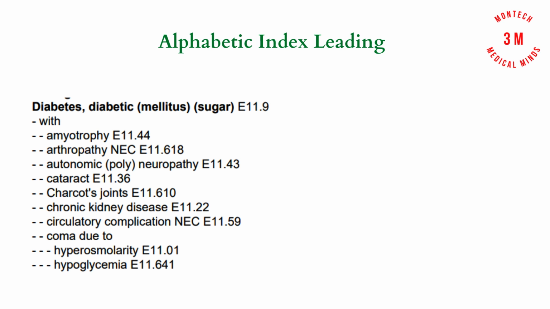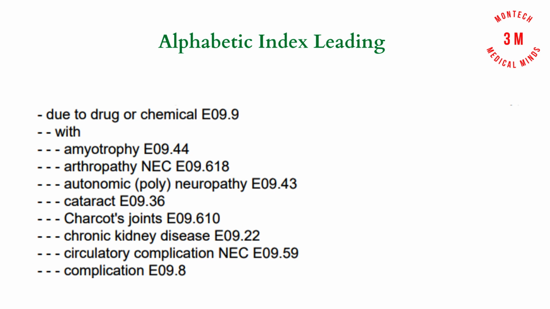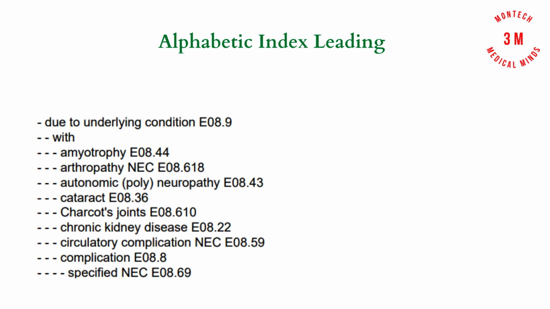The alphabetic index of diabetes is used with main term diabetes or diabetic, and all the associated complications or manifestations are given with a subterm with E11 category. Main term diabetes or diabetic and subterm due to drug or chemical is E09 category.